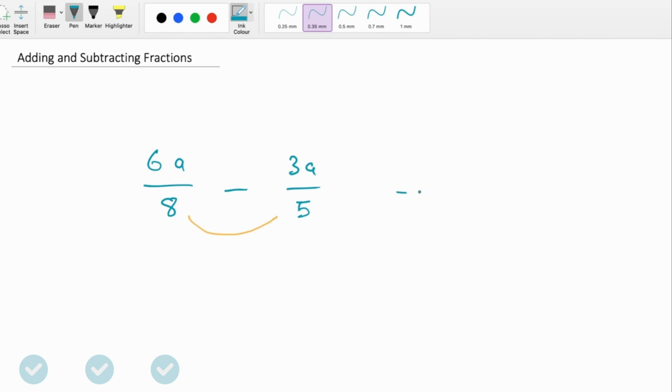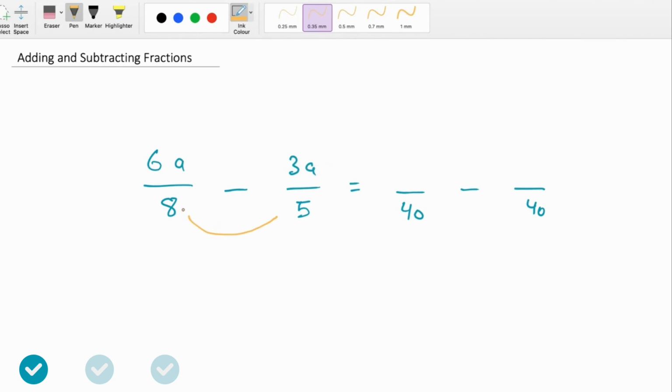We get 5 times 8 on both sides. 5 times 8 gives us 40. So kind of you can fill in the blanks after. Something over 40 minus something over 40. After this, then we go ahead and cross multiply.